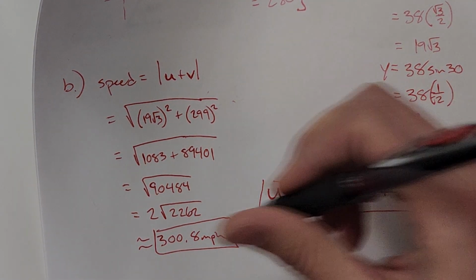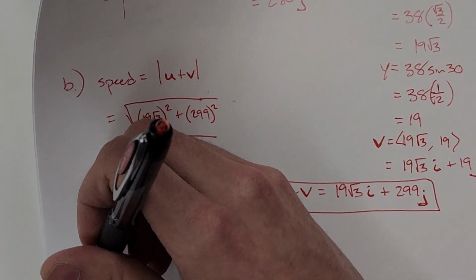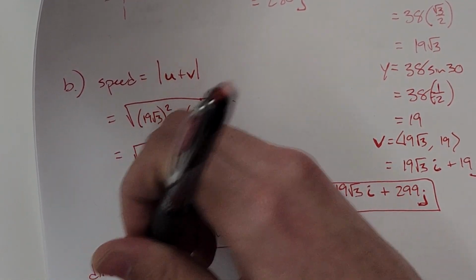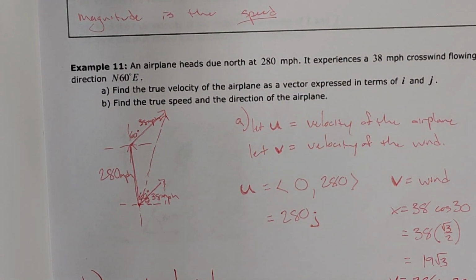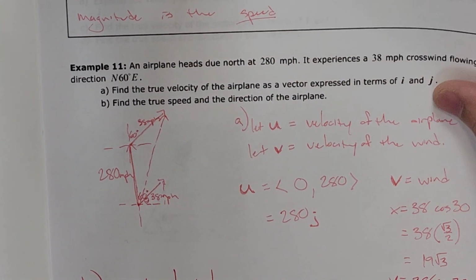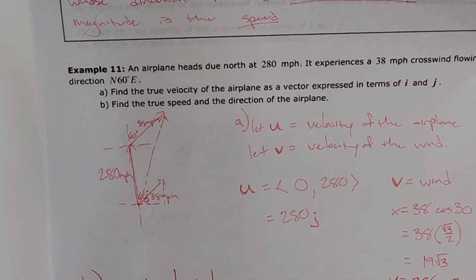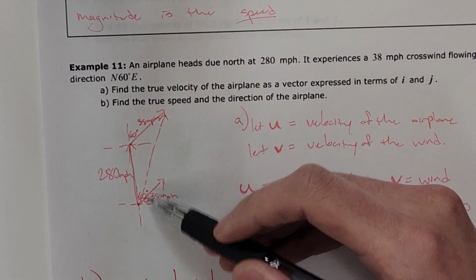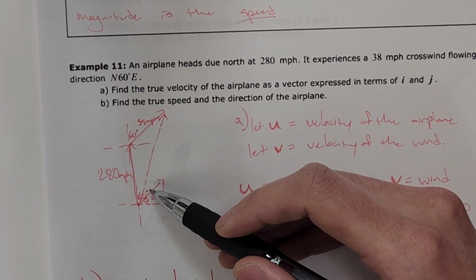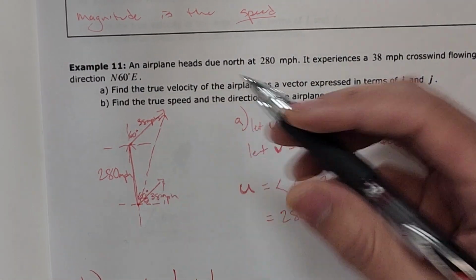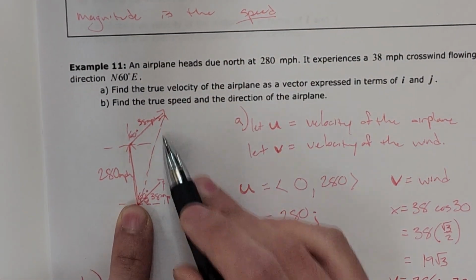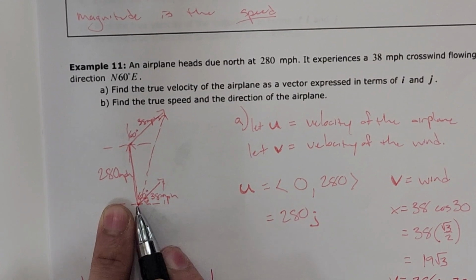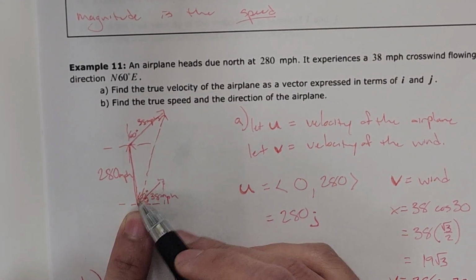Okay, to find the direction, so we found the speed, we need the direction. Take a look at our diagram here. What we can solve for is the direction, theta, which is the inverse tangent of the opposite over adjacent. Looking at this resultant vector, the opposite would be this vertical part, and the adjacent would be this horizontal part of this resultant vector.